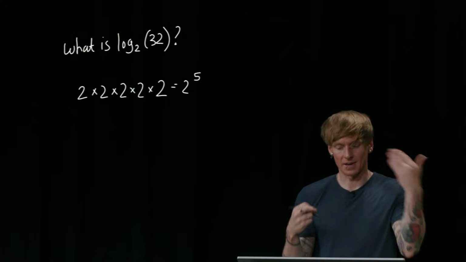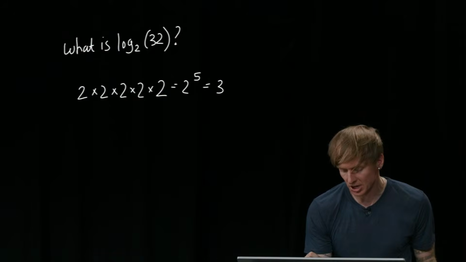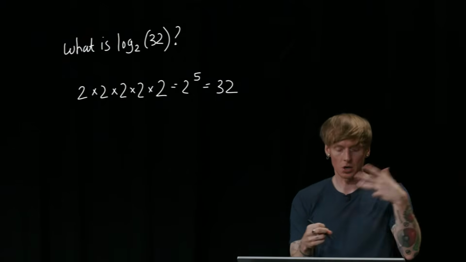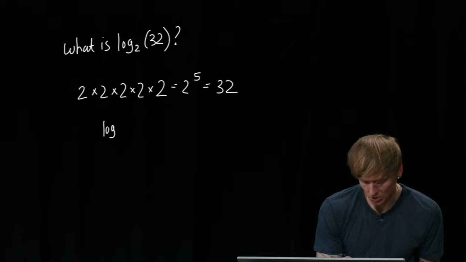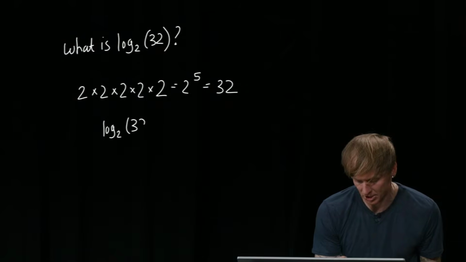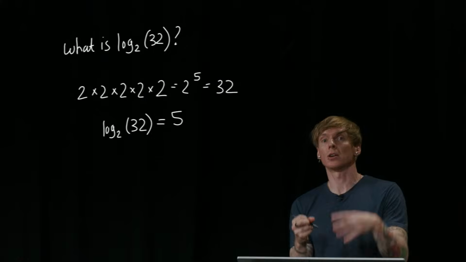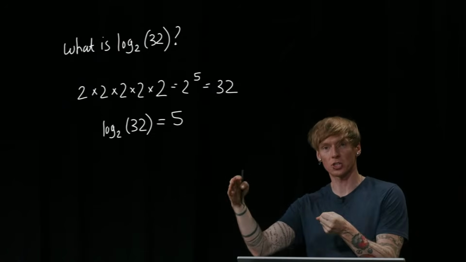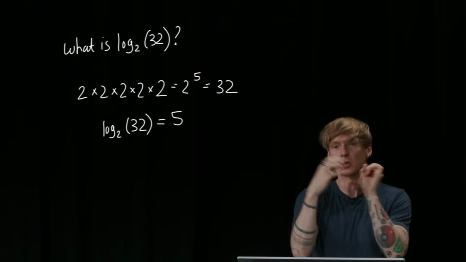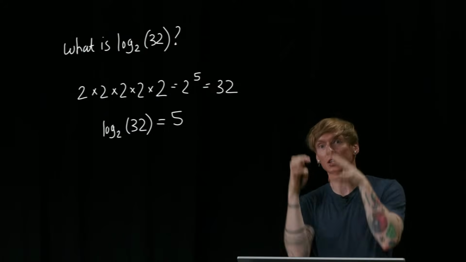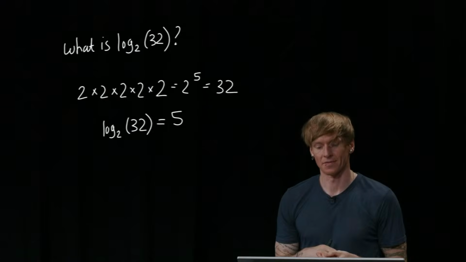So 2 to the 5 is giving us the 32. Therefore, log base 2 of the number 32 is equal to 5, precisely because 2 to the 5 gives us 32. So taking log base 2 of both sides is then giving us the answer of 5.